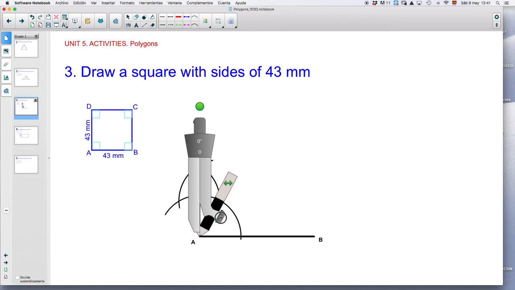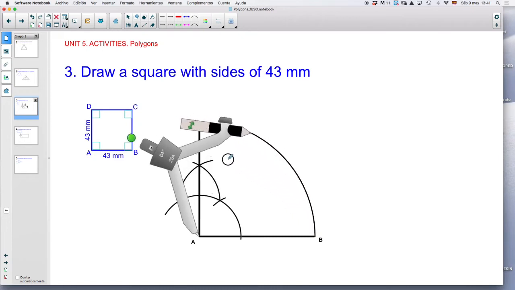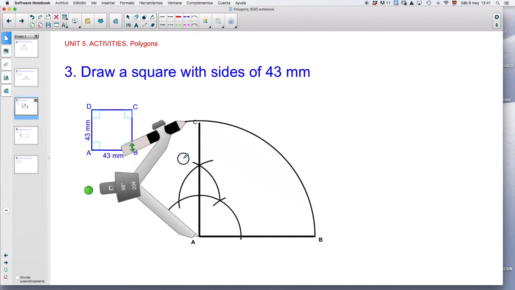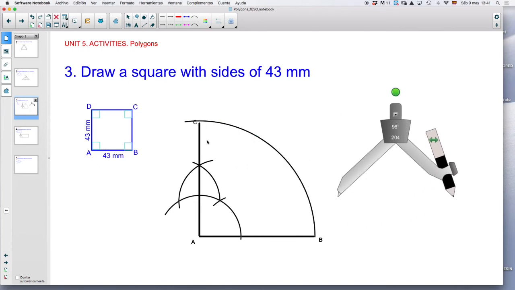Set the needle of the compass on A and with radius AB, 43 millimeters, draw an arc. Where this arc intersects the perpendicular at A, you've got vertex D.